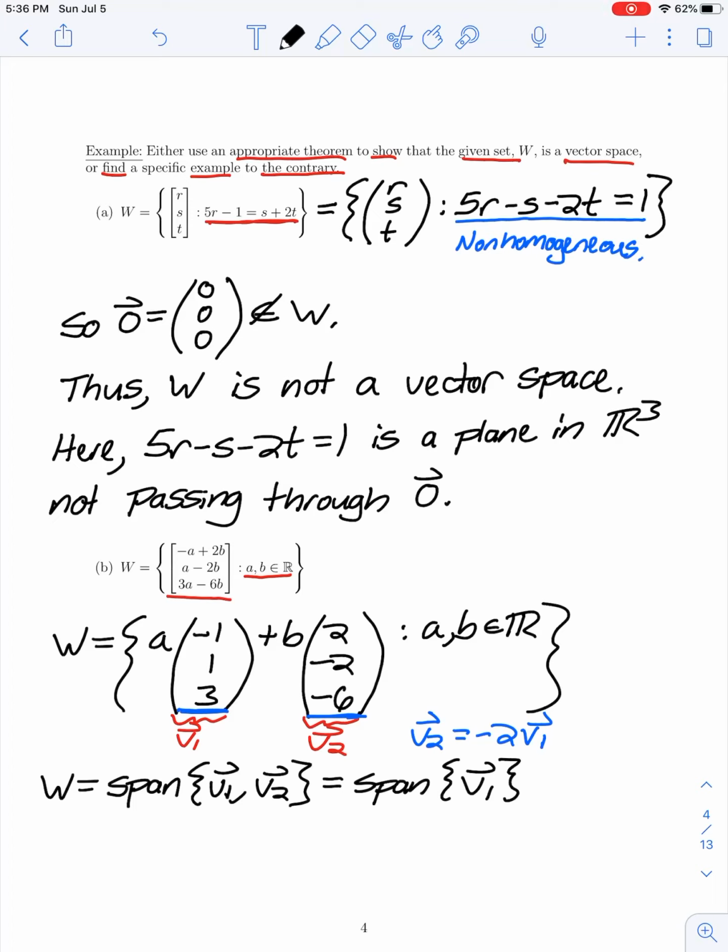If we want to see that more formally, we could write W in the following way. It's A times the vector (-1, 1, 3), and if I factor out a -2 from my B vector, I have -2B times the vector (-1, 1, 3), where A and B are real numbers.